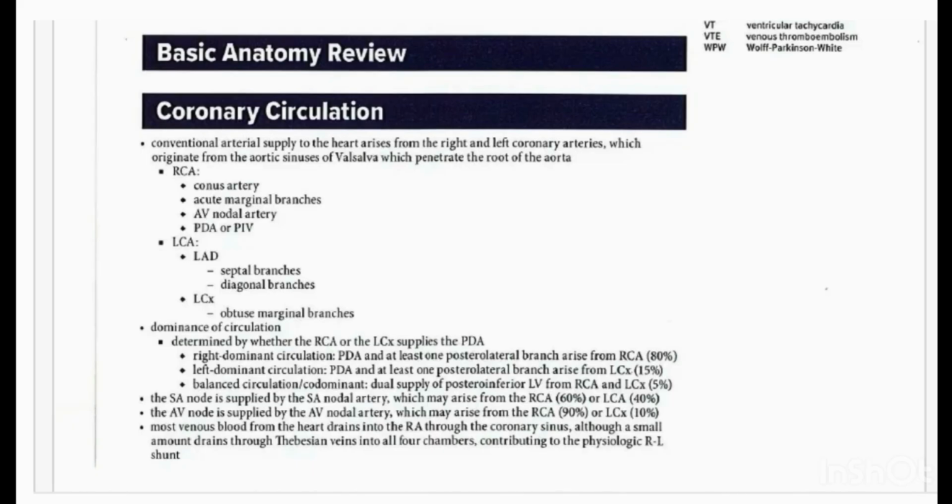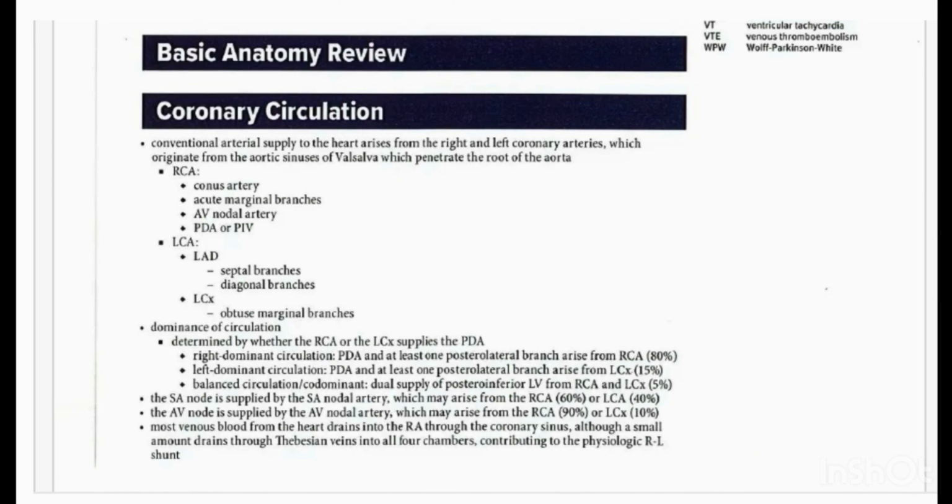If we look closer at the RCA, its main branches include the conus artery, the acute marginal branches, the AV nodal artery, and typically the posterior descending artery, also known as the PDA or PIV. On the left side, the LCA quickly divides into two major branches.